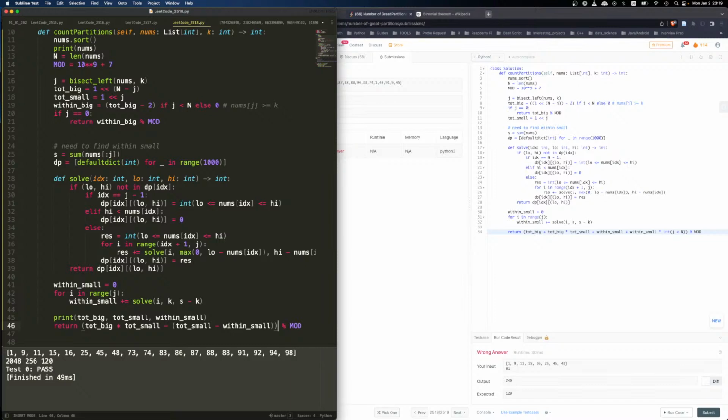So with minus 2 total small plus 2 within small is minus 2 total small minus within small. So I double count. So the previous one double counts the amount that needs to be removed. That's why it's not right. But this is much more straightforward.